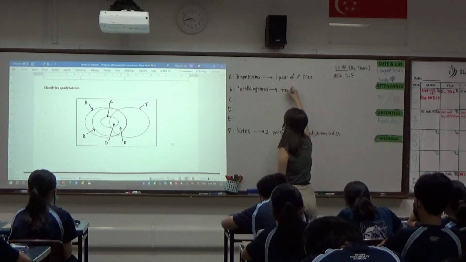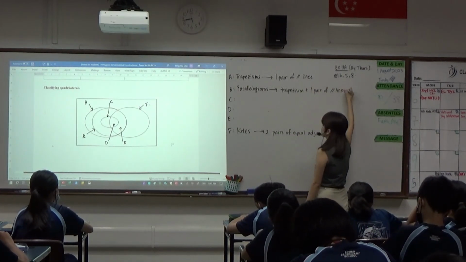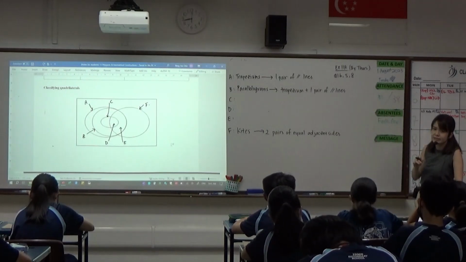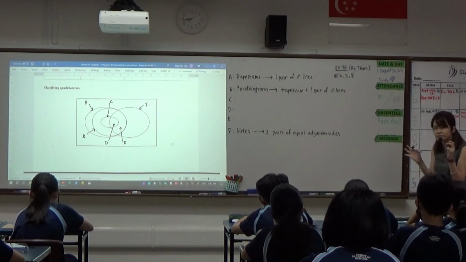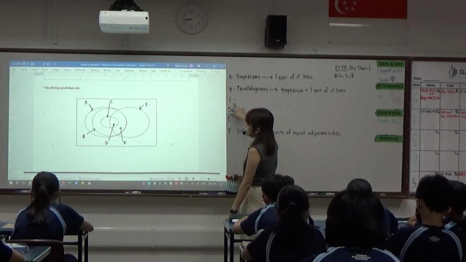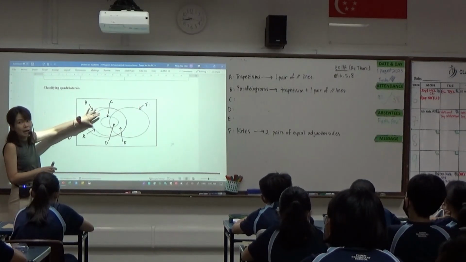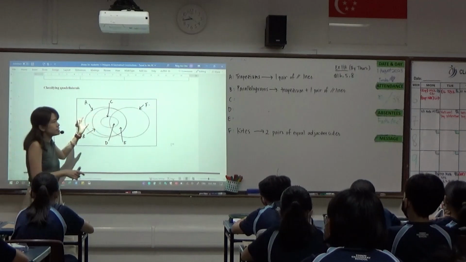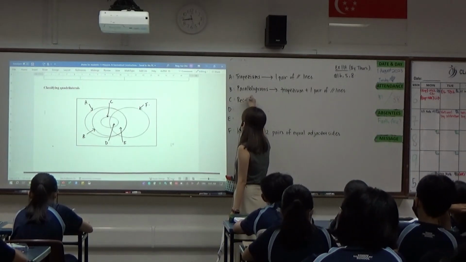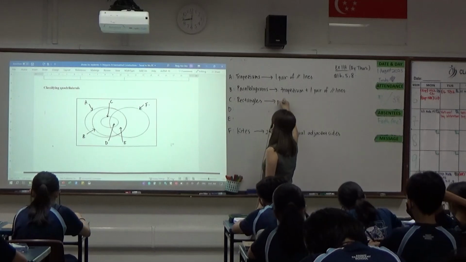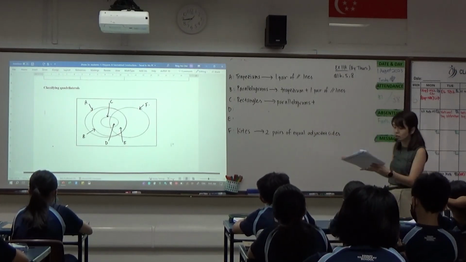Then there are rectangles, which are parallelograms with an added condition that the interior angles are 90 degrees.